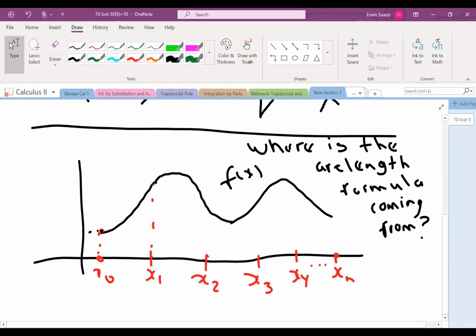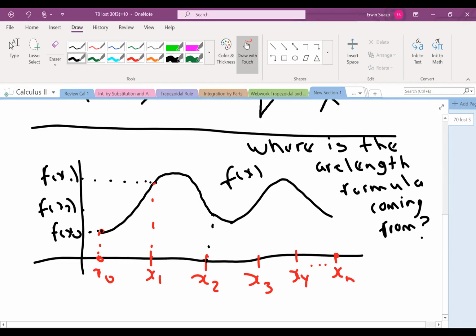This point over here is f of x0, this point over here is f of x1, this point over here is f of x2, and so on, right?